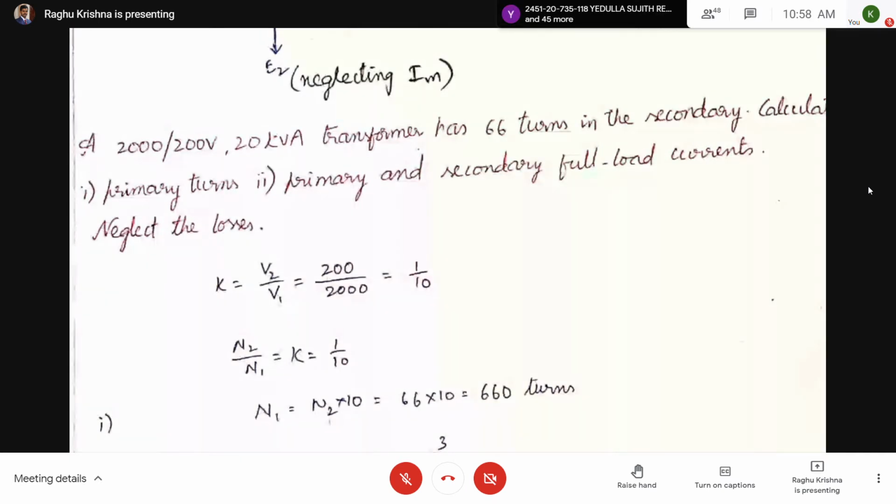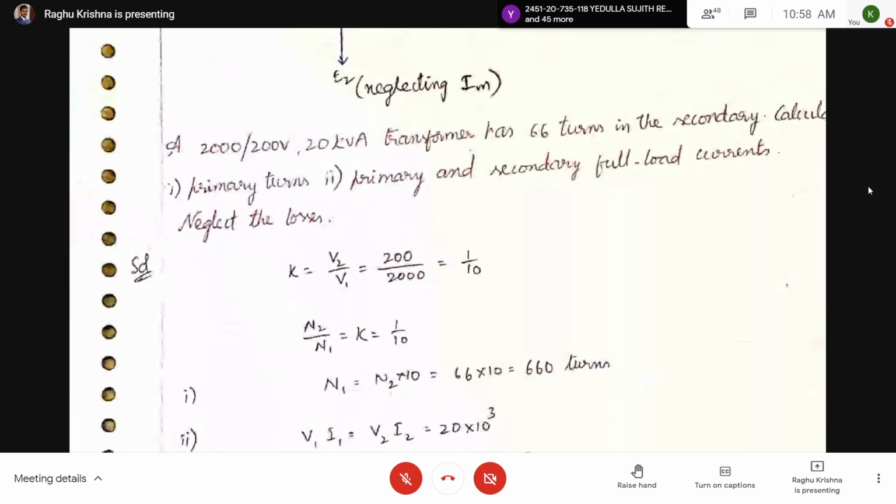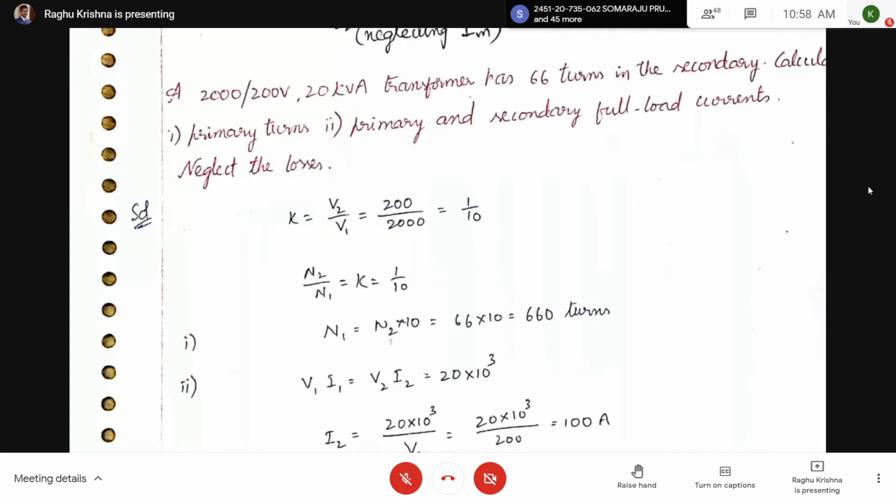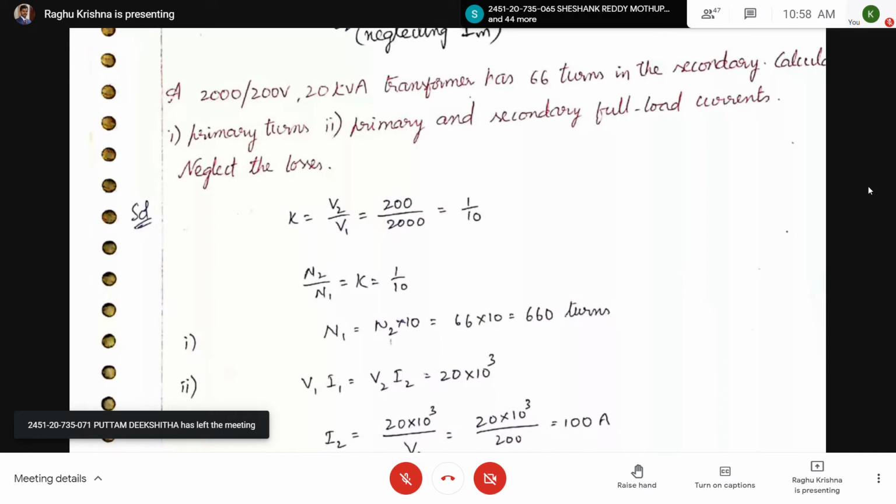Okay, here similarly, what about the second part? Primary and secondary full load currents. Neglect the losses. Here in the question, 20 kVA is given. That is the power, the kVA rating. So V1 I1 is equal to V2 I2 is equal to 20 into 10 power 3 VA.